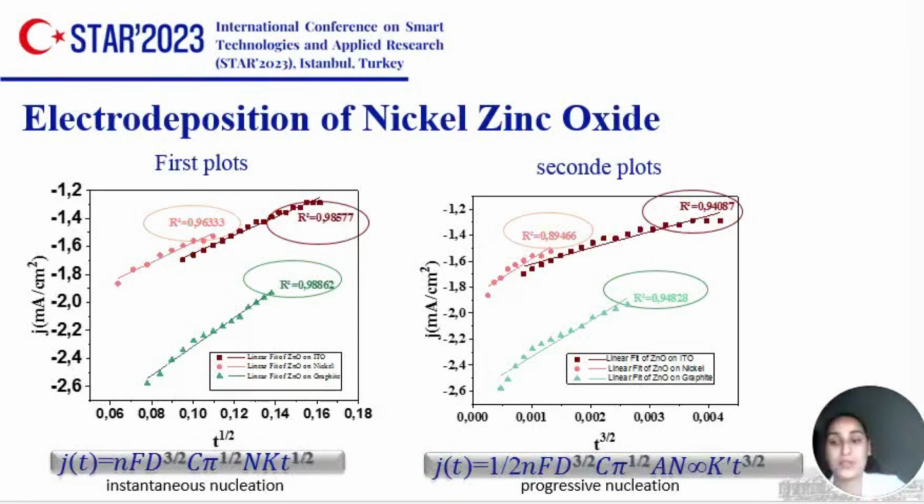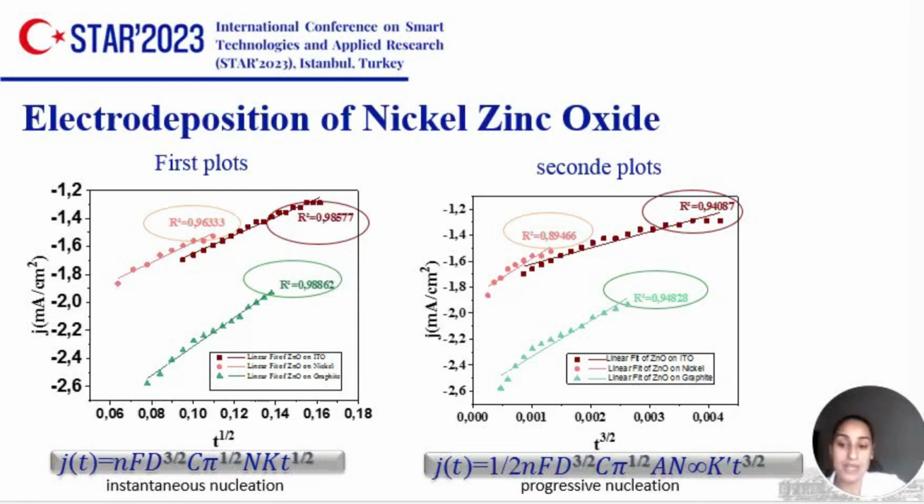Although there are two primary modes of 3D nucleation mechanism documented in the literature, which are instantaneous nucleation and progressive nucleation, for all the transients presented in the last slides, the experimental current density of the second part was plotted versus t to the power of 1/2 and t to the power of 3/2.